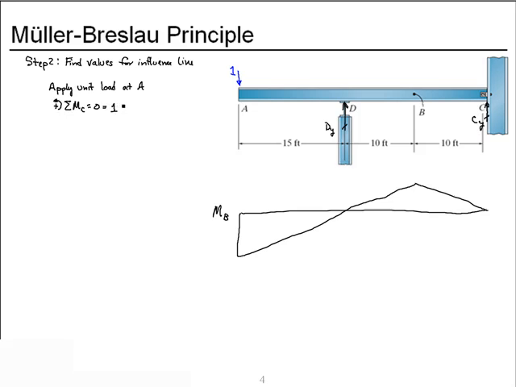We have the unit load acting through 35 feet. We have the reaction at D acting in the opposite direction through 20 feet. So Dy is a positive 1.75 in the direction drawn.